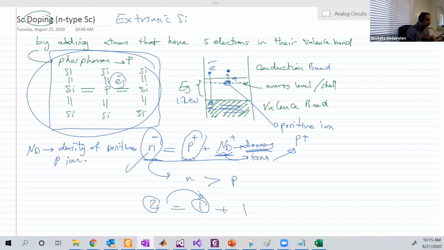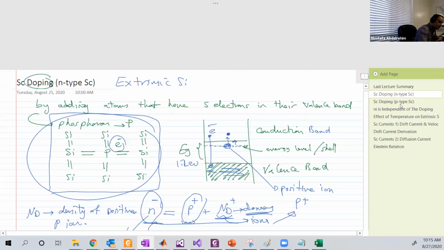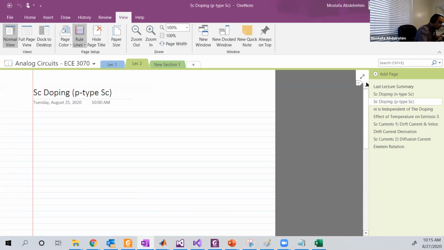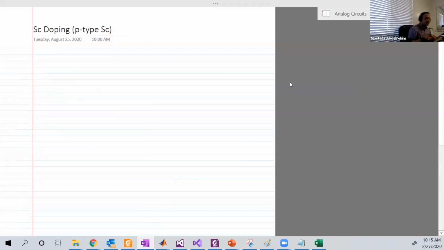We can also do another type of doping, which is doping with atoms that have three electrons in their valence orbital, last shell, like boron, for example.